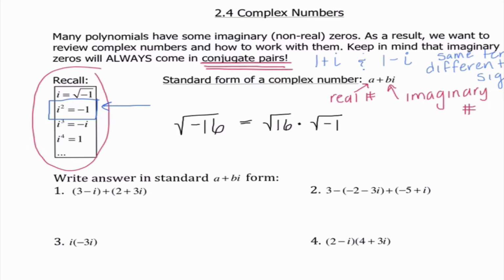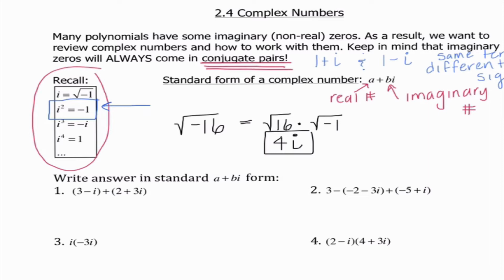I know that the square root of 16 is 4, and the square root of -1 is i. Now remember, we write this i kind of weird. It has a little hook on the end, kind of like a backwards J, and the dot is a little bit bigger just to really let us know that this represents the square root of -1.